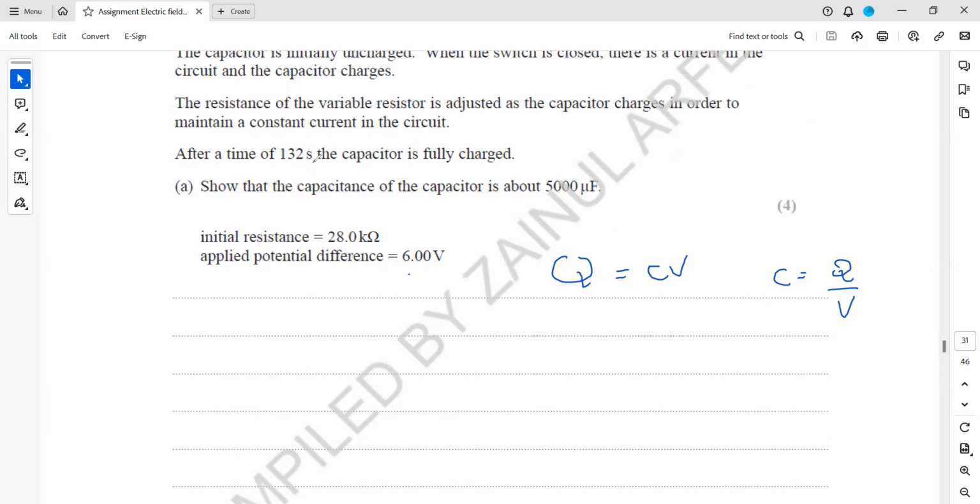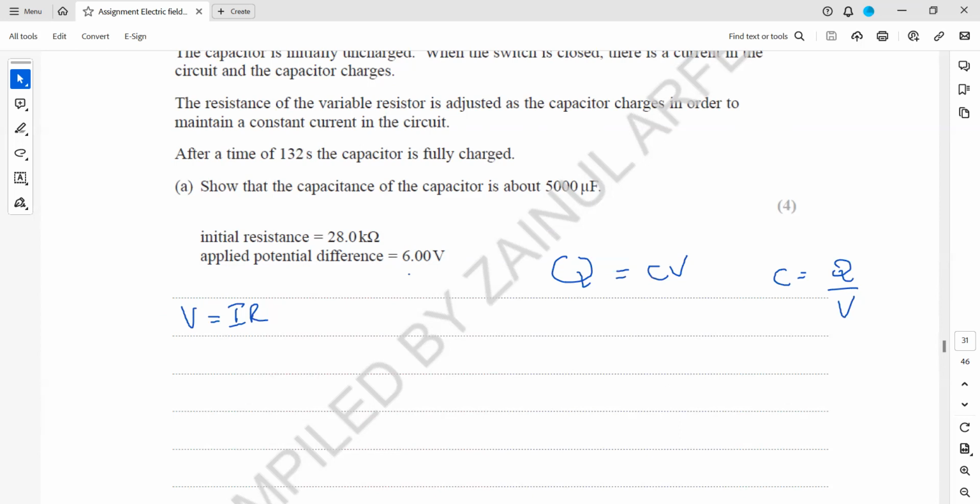Voltage is already there, but we need the charge. But first, to get the charge, we should know the current. So we'll use the formula V equals IR. The voltage and the initial resistance are given.